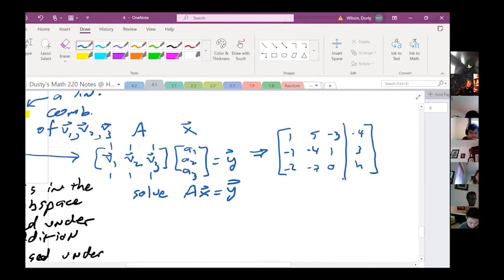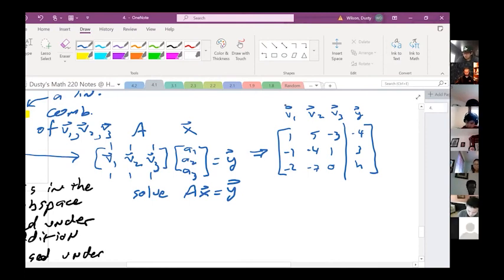Right, so we set up our matrix. Here's our V1, our V2, our V3, and our Y. And then we can row reduce. We can add rows together. We can multiply rows by scalars. For the sake of simplicity, I'll say we've already done this in the past, and when you row reduce, you end up in a place.